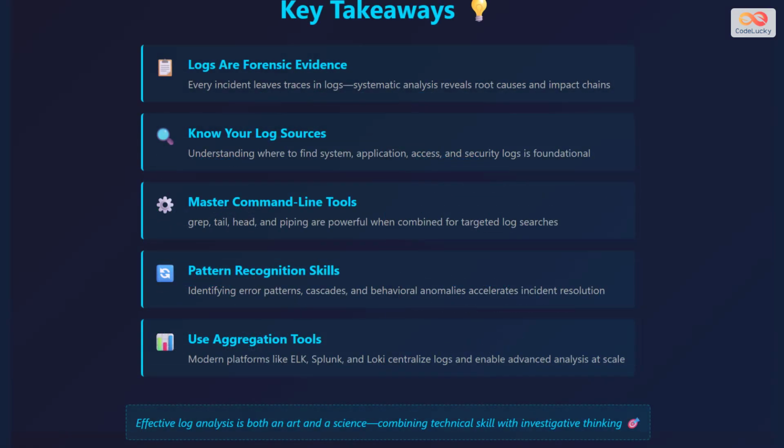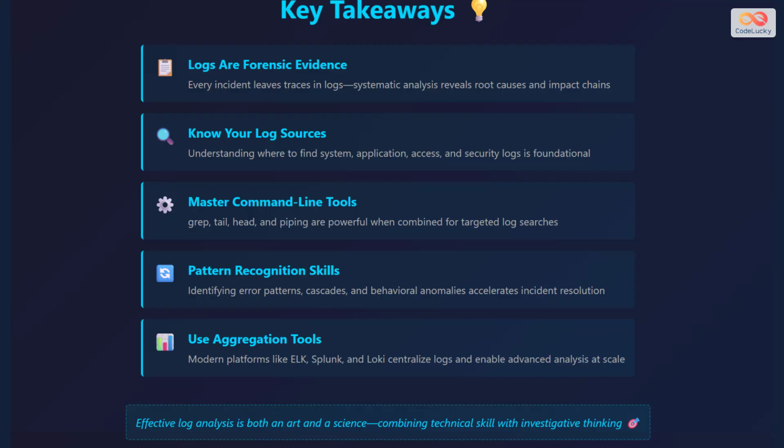Remember these core principles as you develop your log analysis skills. Logs are forensic evidence. Every incident leaves traces in logs, and systematic analysis reveals both the root cause and the impact chain. Know your log sources. Understanding where system, application, access, and security logs live is foundational to quick investigation. Master command line tools. Grep, tail, head, and piping are incredibly powerful when combined strategically.